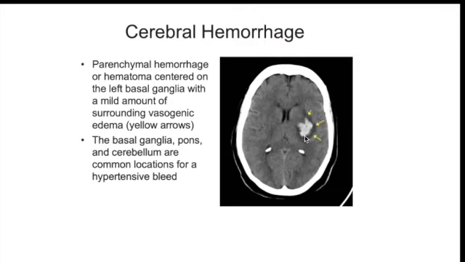Now, whenever we say the term vasogenic cerebral edema, it means that we're looking at a cerebral edema in which the blood-brain barrier is disrupted. Most likely we see this sort of edema around brain tumors, not cerebral hemorrhages, but we can see it around cerebral hemorrhages as well.